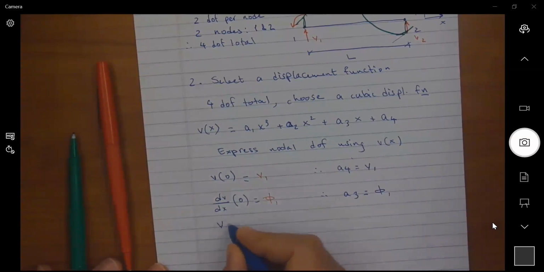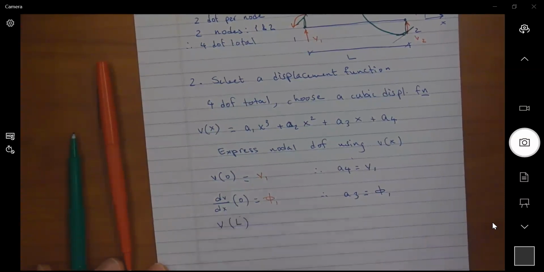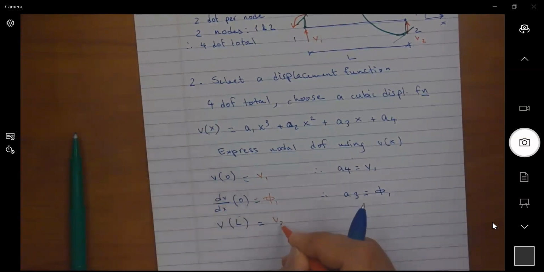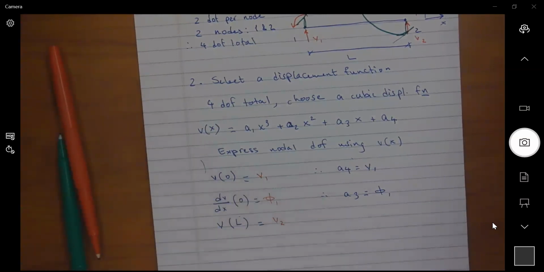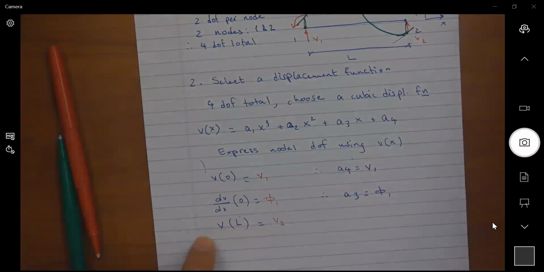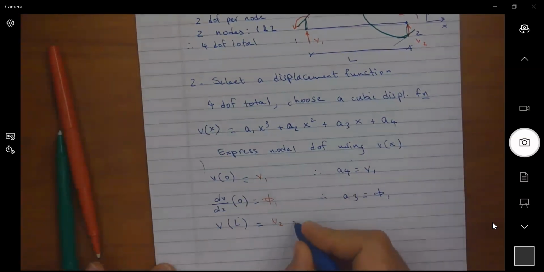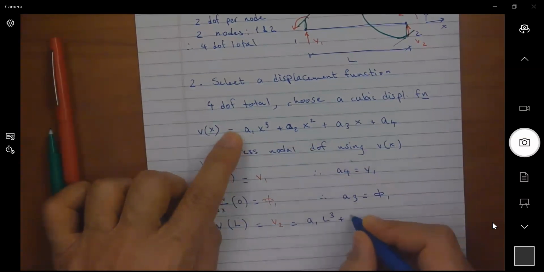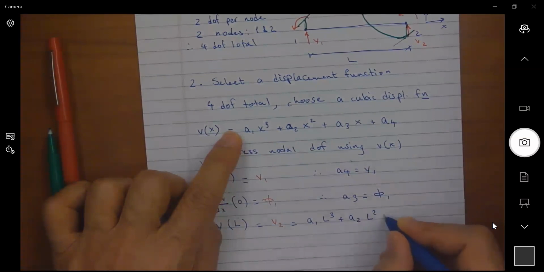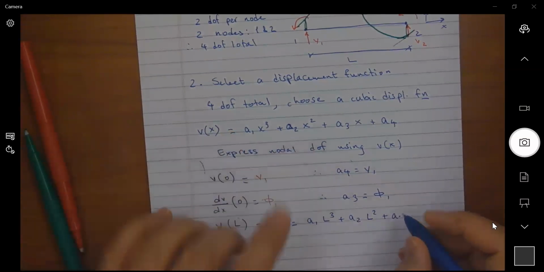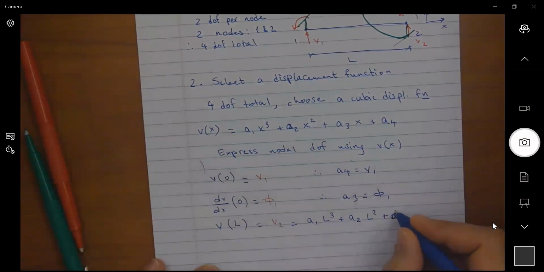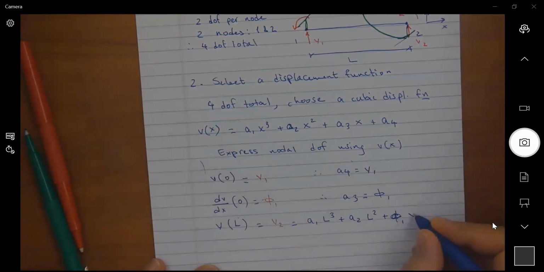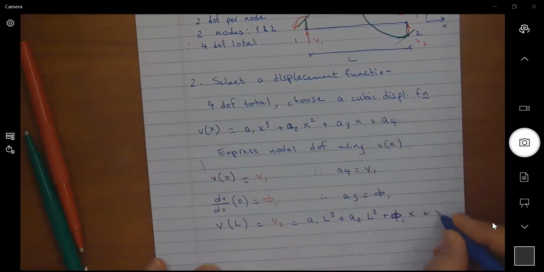Next, if I evaluate V at x equals L, this would be V2. When I write this equation, which is A1 L cubed plus A2 L squared plus A3, I already solved for A3, so I can write it as Phi1 L plus A4, which is V1.